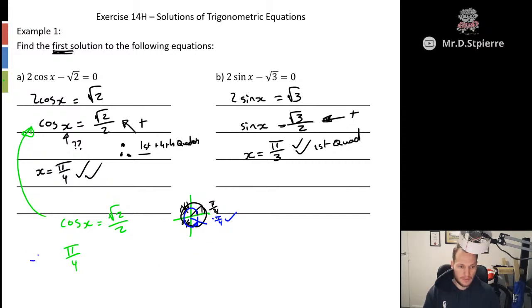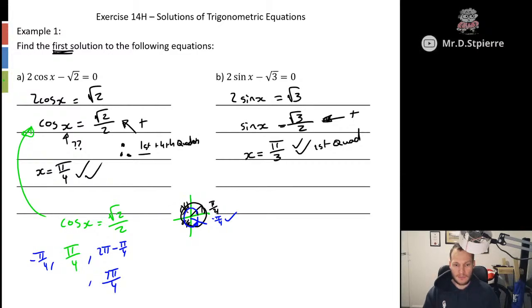So what do we have? We have negative pi on 4 is true, but then we also have, what's that? That's 2 pi, and then going back pi on 4, which is actually equal to 7 pi on 4, not negative.